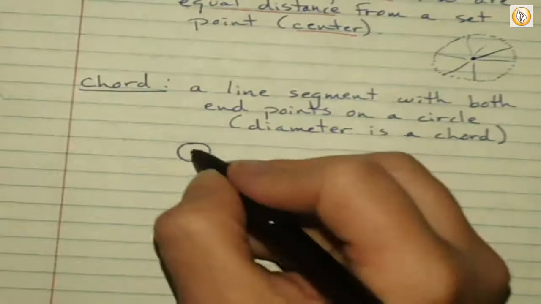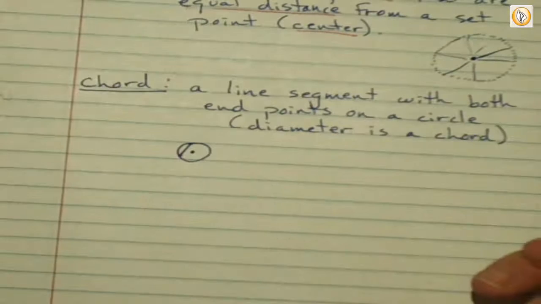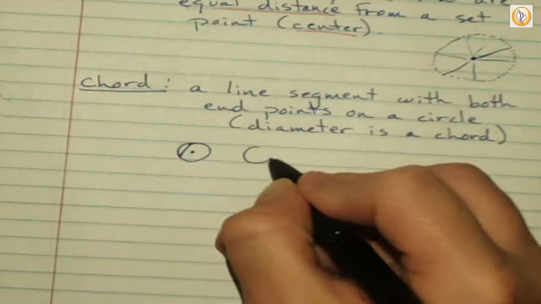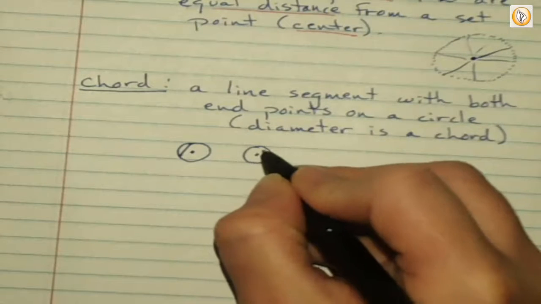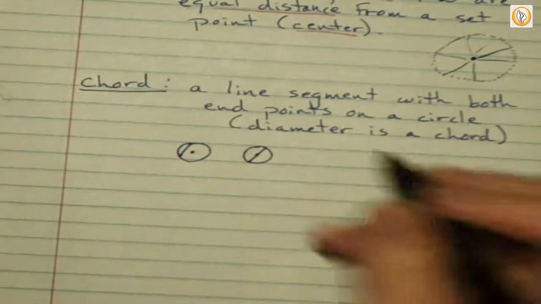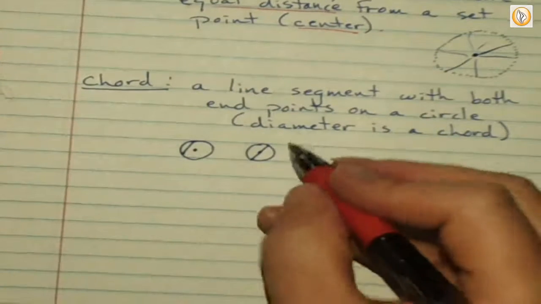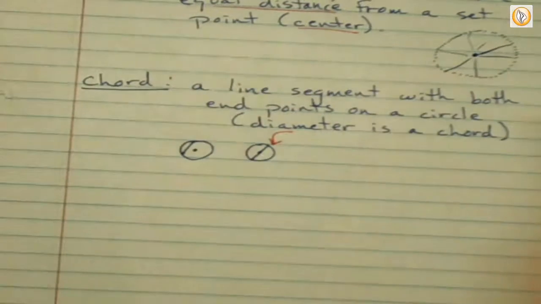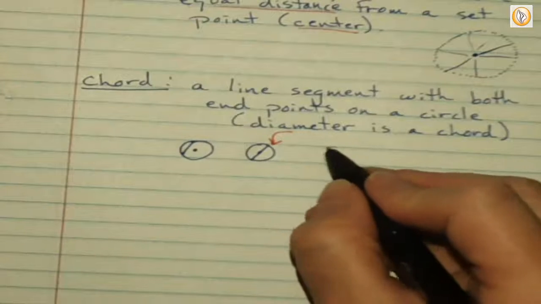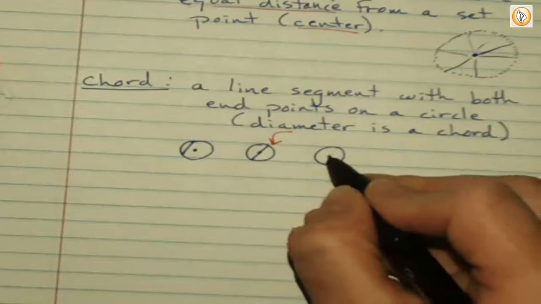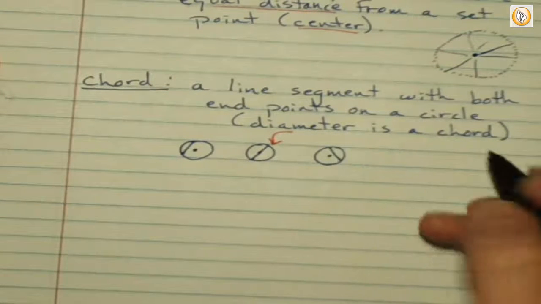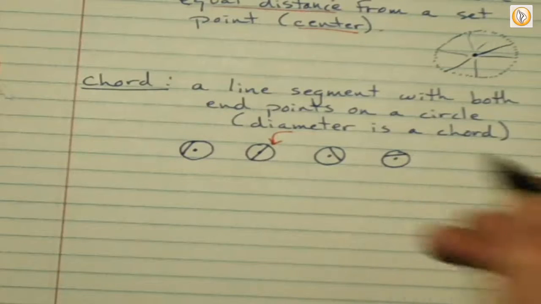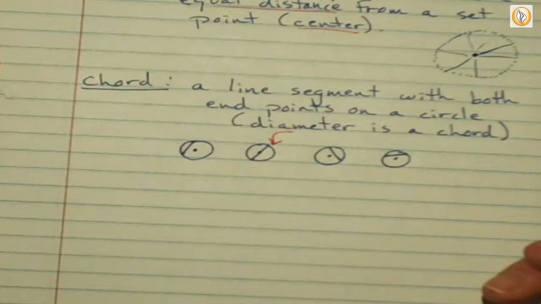If this is the center, a chord can be like that. A chord could also be a diameter. A diameter goes straight through the center. That's a chord. That's a chord.